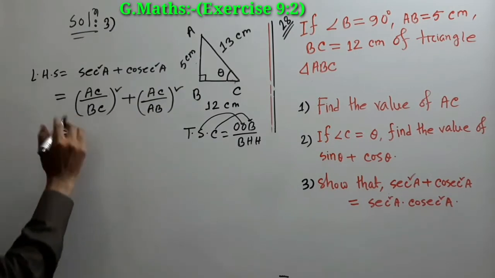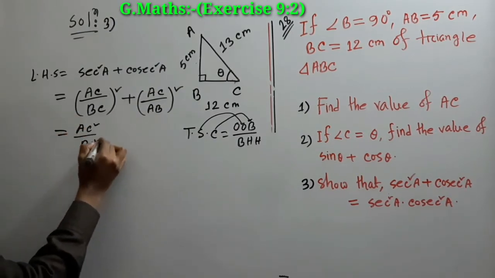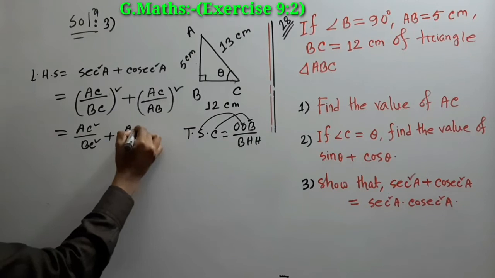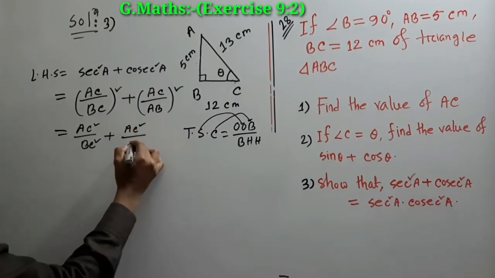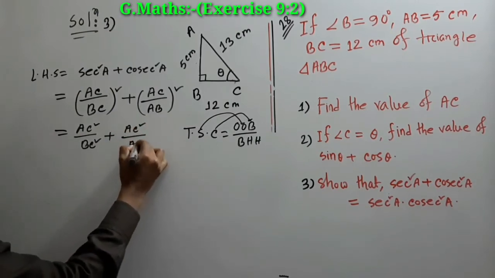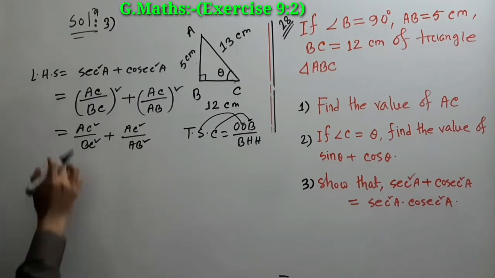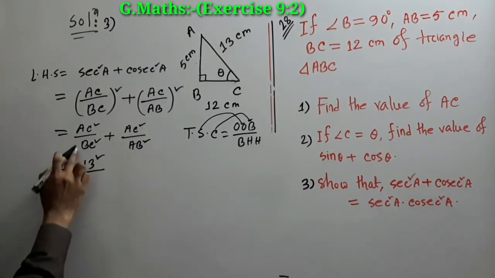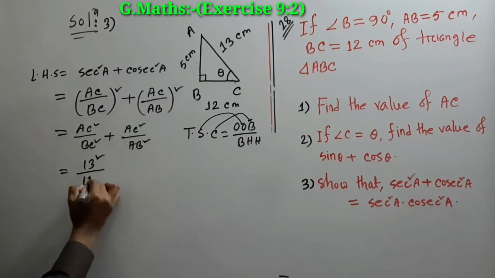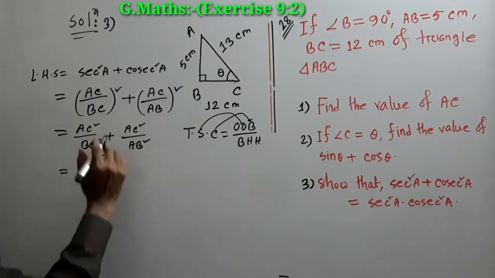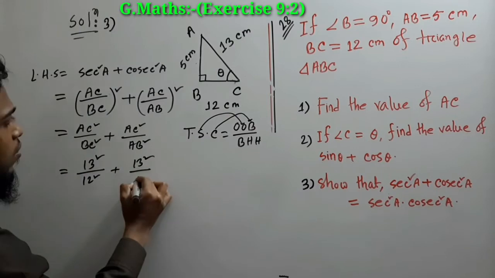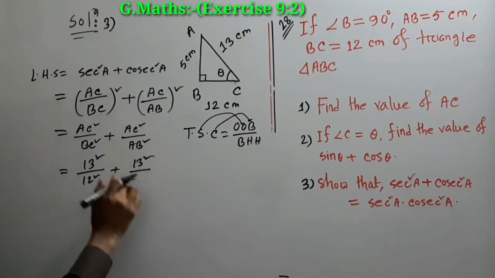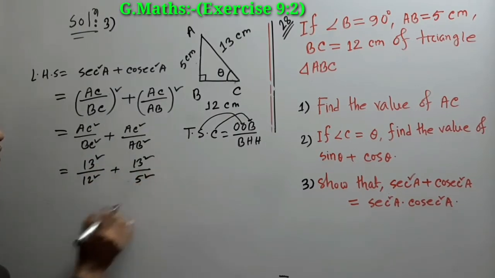So AC square over BC square plus AC square over AB square. The value of AC is 13, so 13 square. The value of BC equals 12, so 12 square. The value of AC equals 13, so 13 square. The value of AB equals 5, so 5 square.